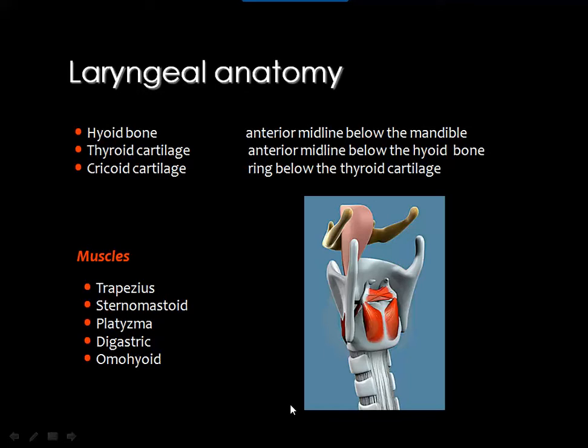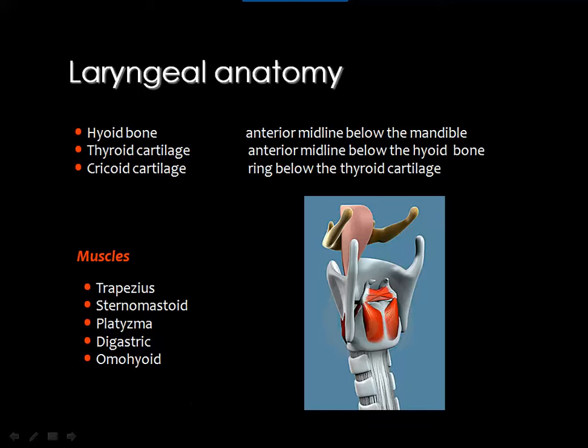Then there are 3 main anatomic landmarks in the larynx, which are the hyoid bone, the thyroid cartilage, and the cricoid cartilage. And there are a lot of muscles working anterior and also inside the larynx itself.